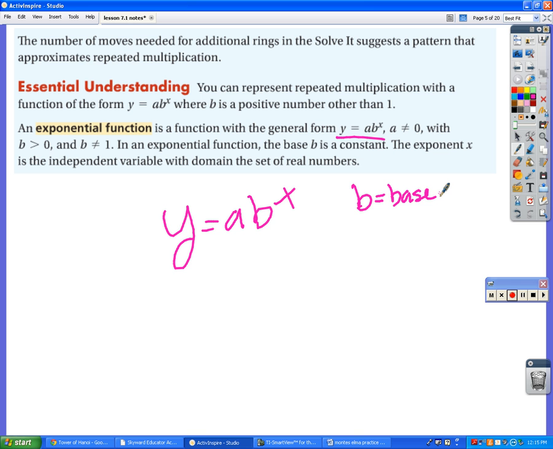B has to be greater than 0, and b cannot equal 1. Why can't b equal 1? Because the answer would always be 1, because 1 to any power is always just 1. So that would not be a very interesting or useful function to do anything with. Why does b have to be positive?